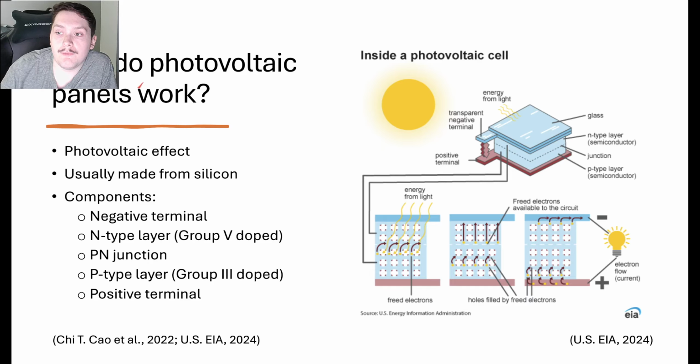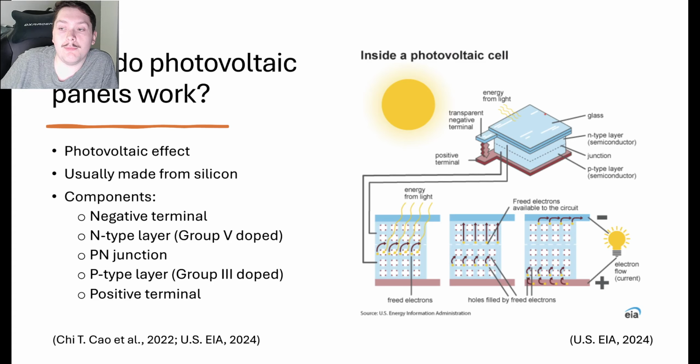These are usually made from silicon, and about 95% of the photovoltaic cells that are used are silicon-based. Silicon, of course, is a group 4 element, meaning that it has 4 valence electrons, and in the cells, the layers are crystal lattice works.